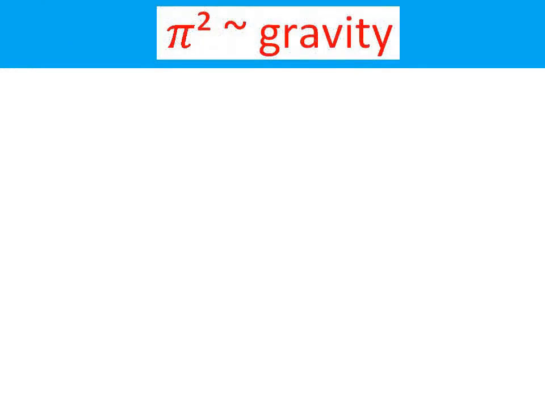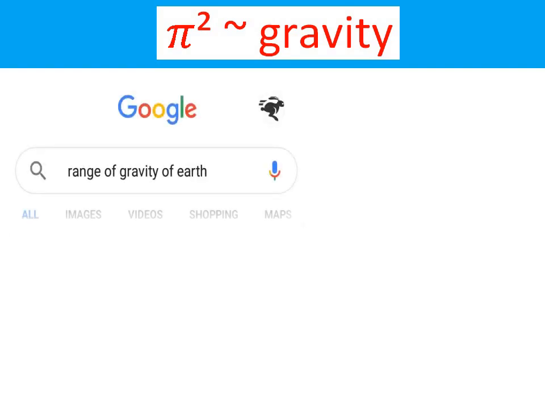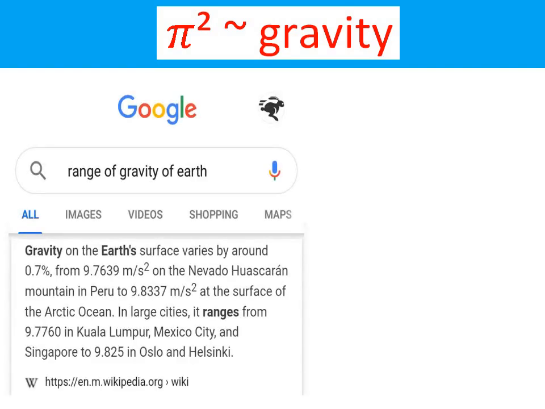In this slide, we will see a new relation which has arrived from the above sum. Pi squared is very close to the value of gravity on Earth. Is that so? Let's check it out.